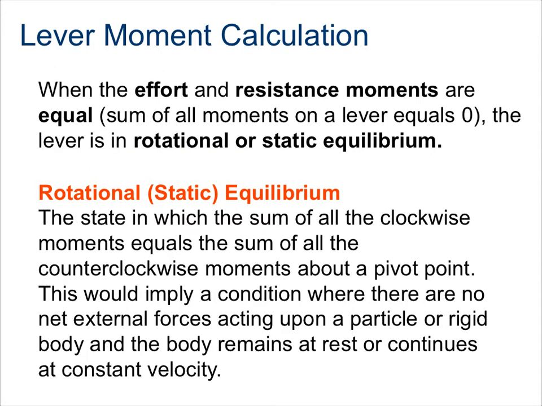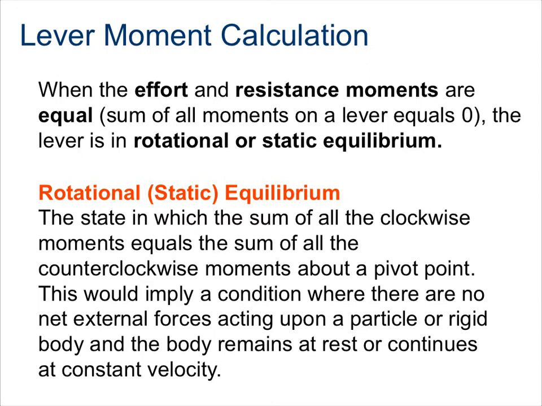When a load is applied to one end of a lever, and we want to figure out how much effort force is going to be needed to counteract that resistance force, we're going to be looking at something called rotational or static equilibrium. When the sum of all my moments of a lever is equal to 0, the lever is considered to be in rotational or static equilibrium.